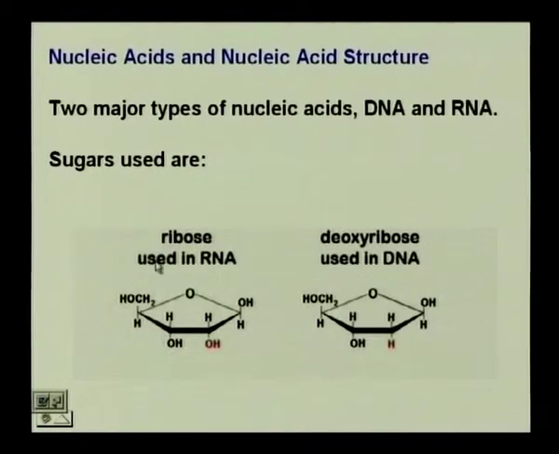For the two major types of nucleic acids, DNA and RNA, we had specific sugars: ribose used in RNA and deoxyribose used in DNA. The difference is the OH at the 2' position that is missing from the DNA sugar molecule.